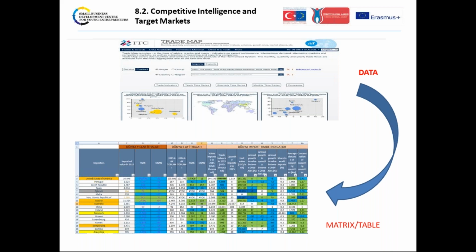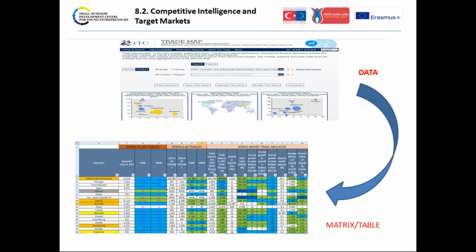So if you want to consider all of these different parameters in your decision-making stage, you can create a kind of Excel file, and then you can copy all this information into the Excel, and with a little Excel knowledge, you can make some formulas, and then you can see every country's performance for each parameter. I mean, what are the parameters?